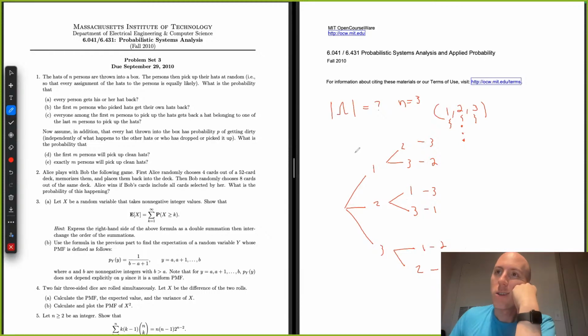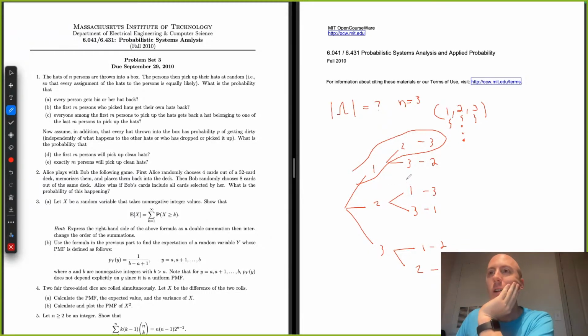Okay. So each of these branches corresponds to an outcome of this probabilistic experiment. It's an element of omega. So we just need to count up the number of leaves essentially here.